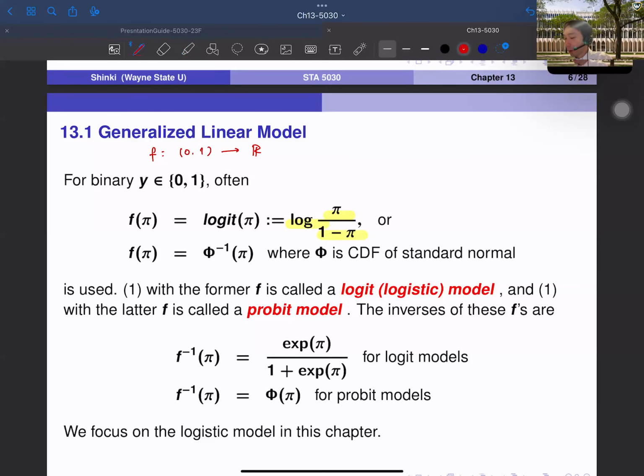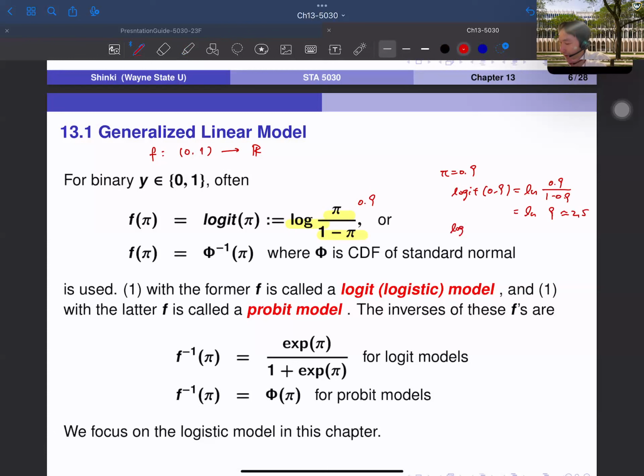Maybe you can plug in numbers. Pi is a probability, so you can plug in pi equal to 0.9. Then the logit function of 0.9 is the log, the natural logarithm, of 0.9 over 1 minus 0.9. So this is the log of 9. It's a kind of large number, maybe 2 or 3, maybe 2.5.